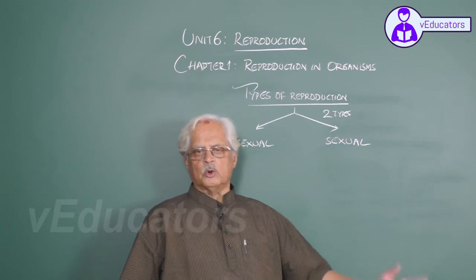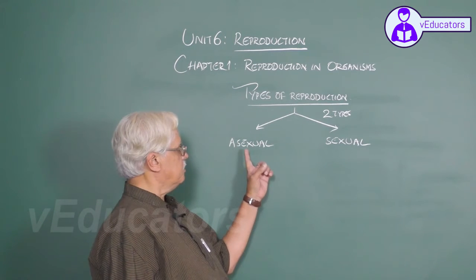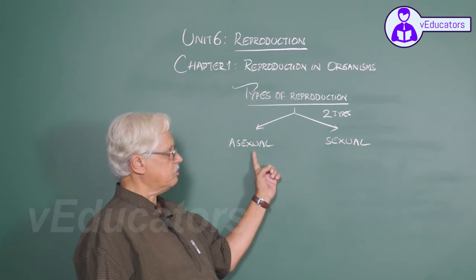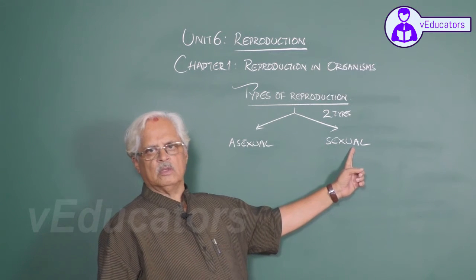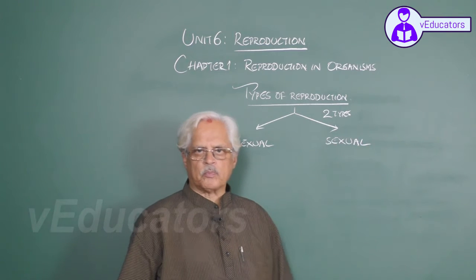Most of the lower group of organisms exhibit asexual reproduction, and higher groups of organisms mainly exhibit sexual reproduction.